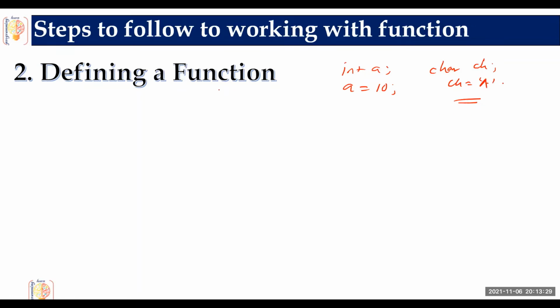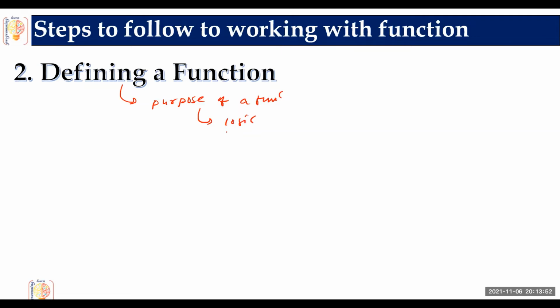Defining a function means now we're going to write down the logic inside the function, that is, the purpose of that function. Defining means we're going to write the purpose of a function with the help of certain logic, some source lines of code.